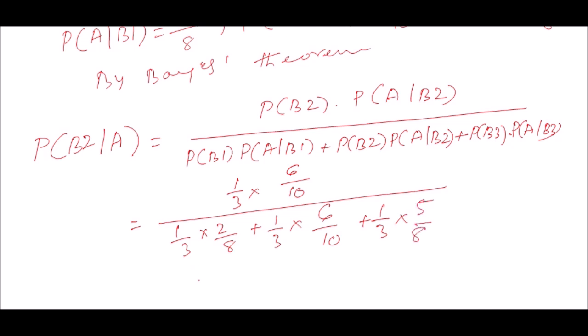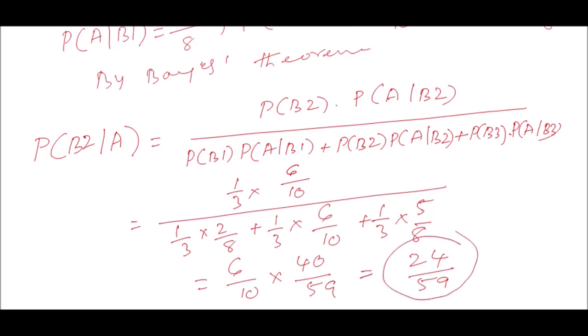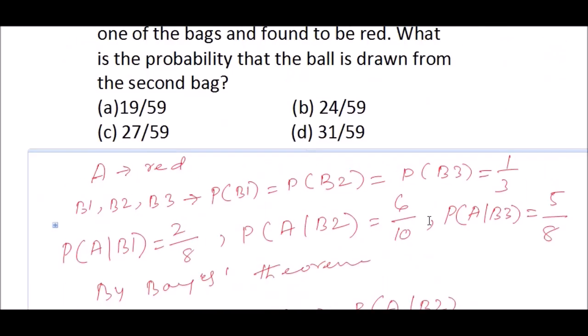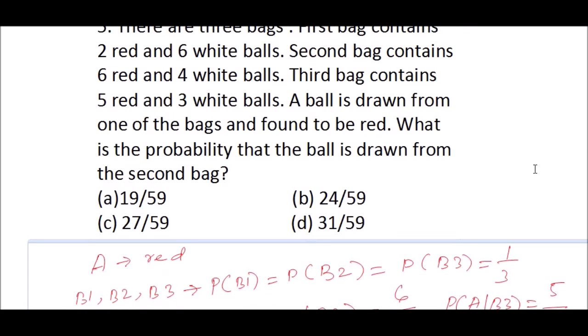Therefore, if we simplify, we'll see that this is 6/10 multiplied by 40/59. If we further simplify, it will be 24/59, and that is our ultimate probability. And therefore, you can see that option B is the correct option.